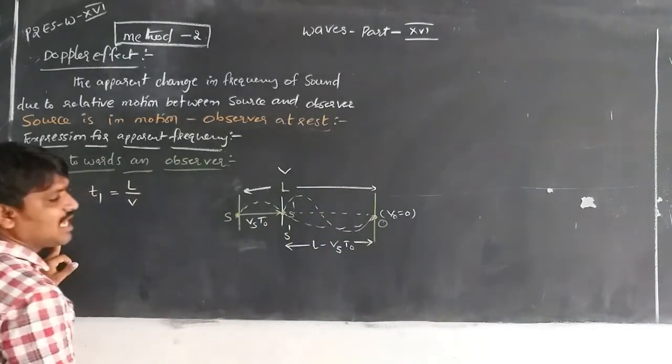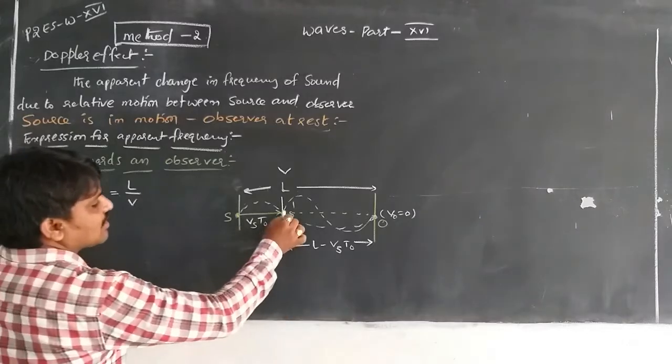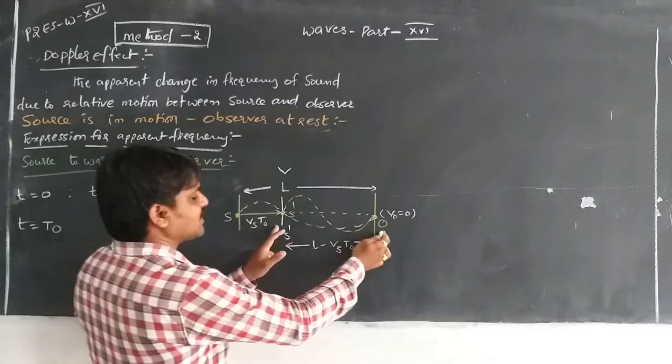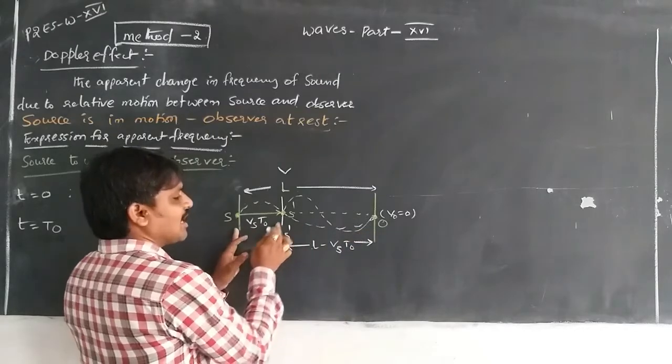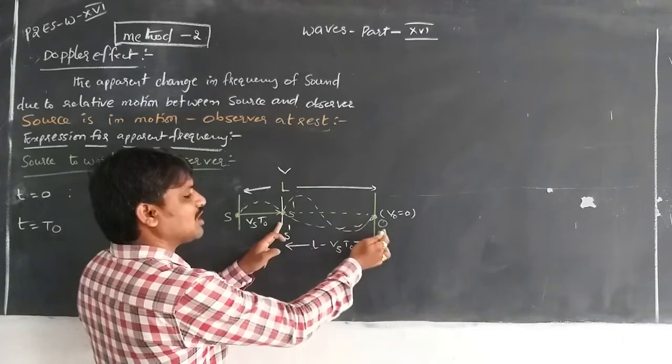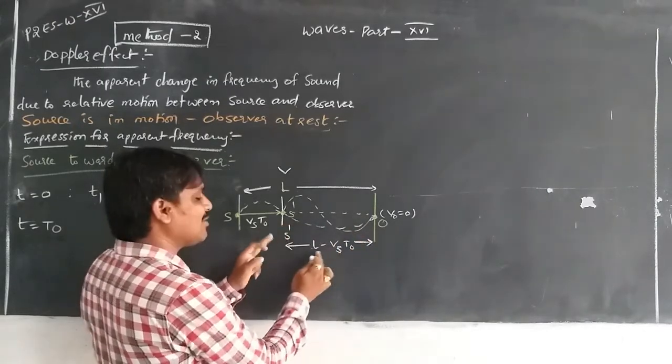For this wave, the distance to the observer is L minus Vs t naught, because the source has traveled Vs t naught out of the total distance L. So the distance from S dash to the observer is L minus Vs t naught.